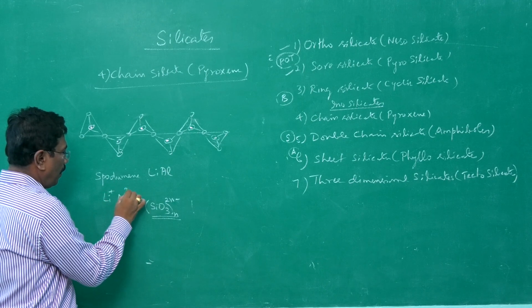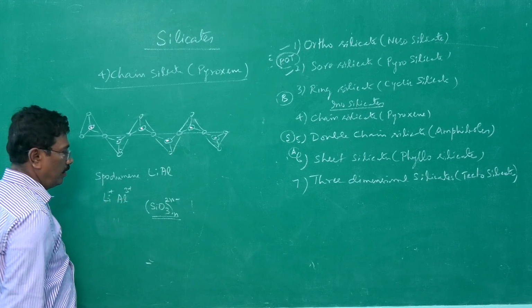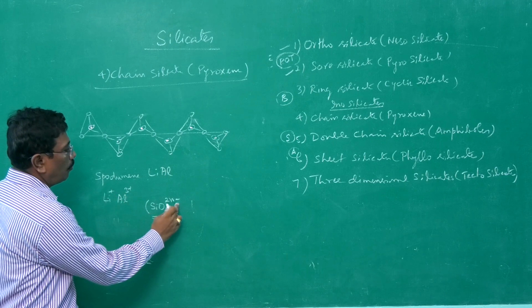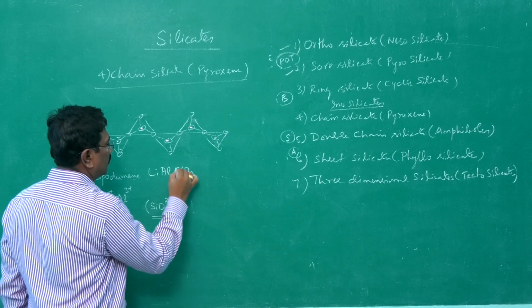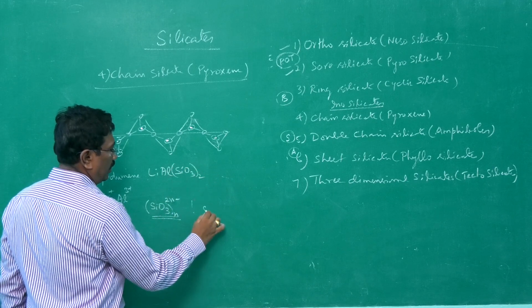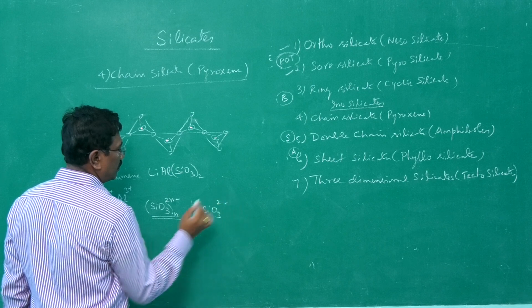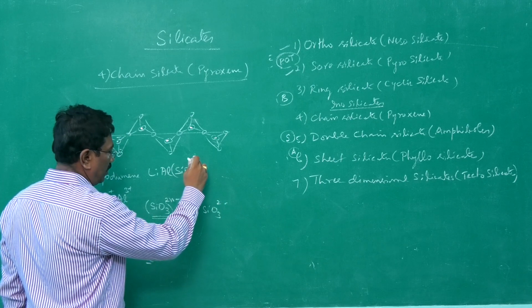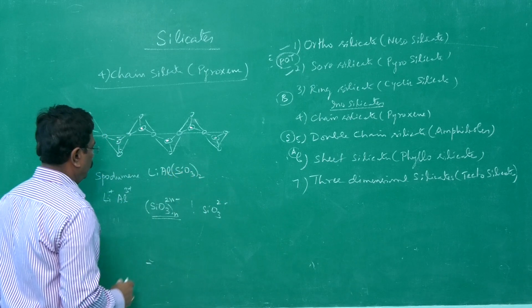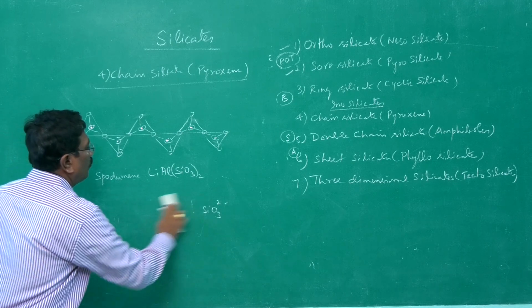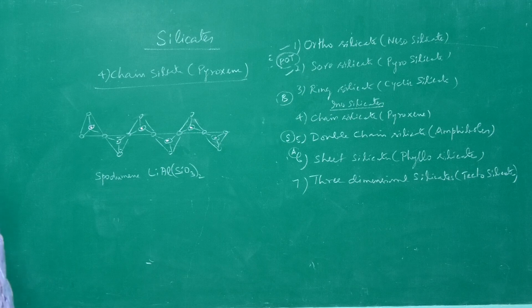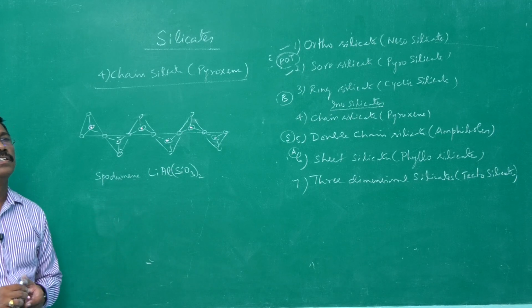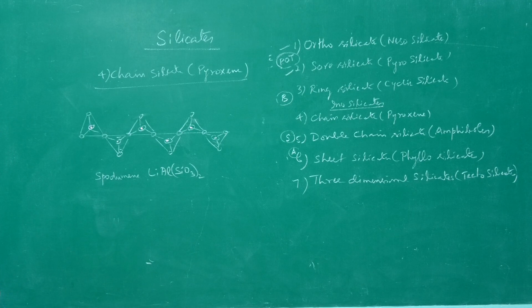Aluminum plus 3, total charge 4 plus, so you should have 4 minus. And therefore SiO3 twice, since each SiO3 has 2 minus. To have 4 minus, we need 2 SiO3. So spodumene, molecular formula LiAl(SiO3)2. So that is about chain silicate.